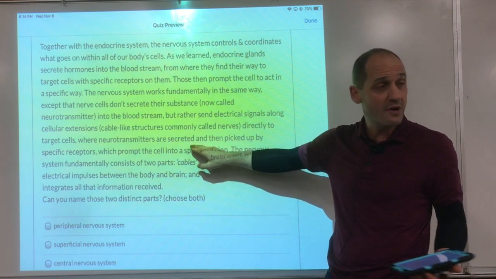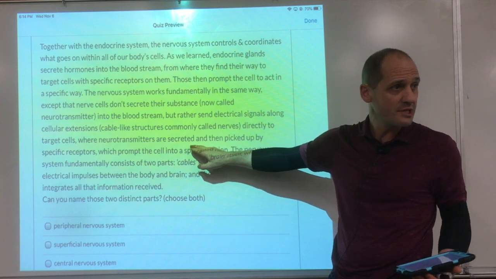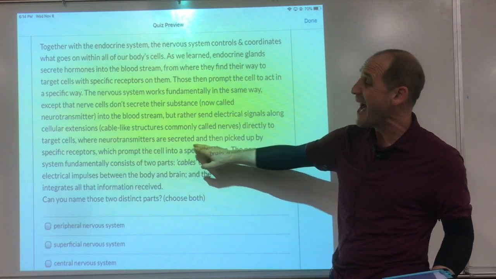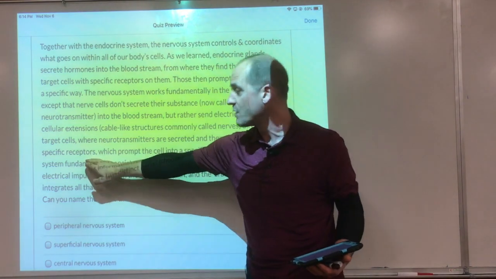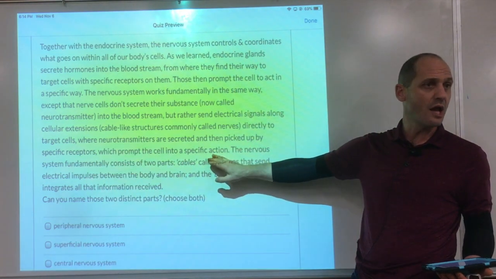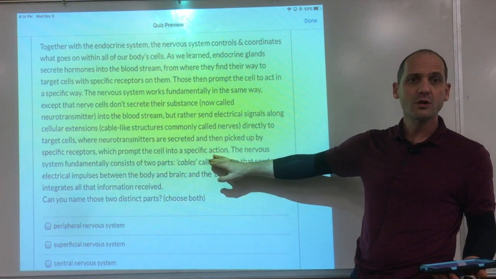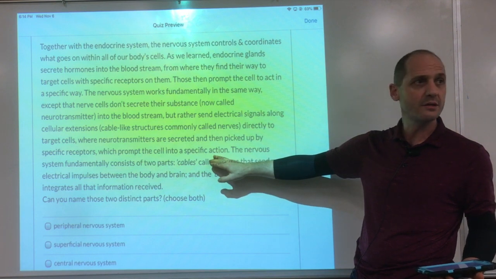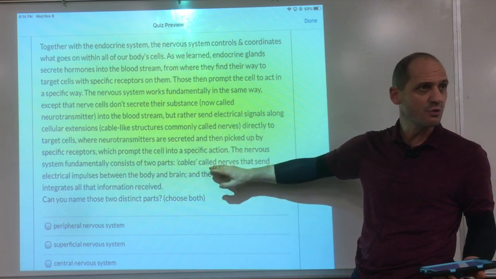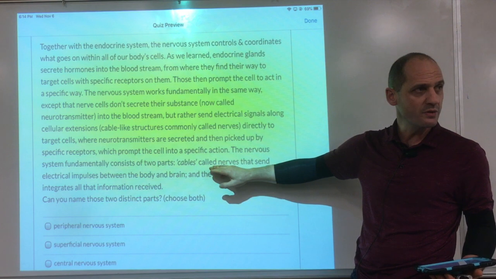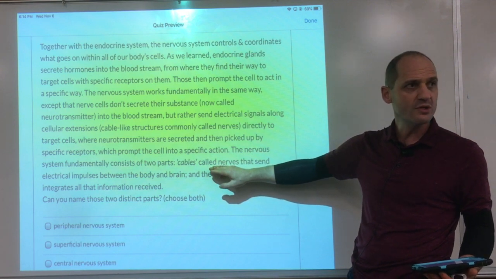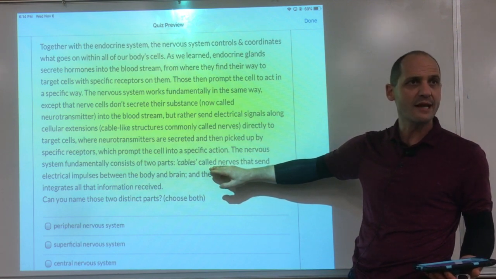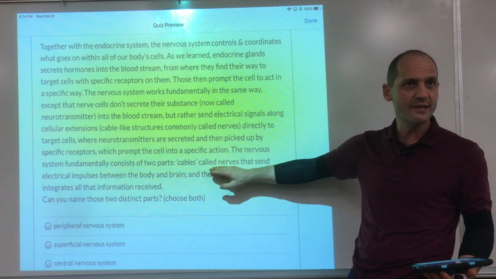It's just a different name because it's in a different system. That is picked up by a specific receptor, which makes the next cell do a specific action. So that's very similar in these two functions, except the endocrine system uses the bloodstream to distribute its messages, and the nervous system uses cables like telephone cables to send its messages.